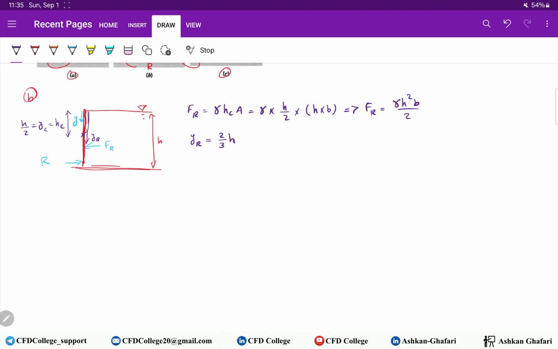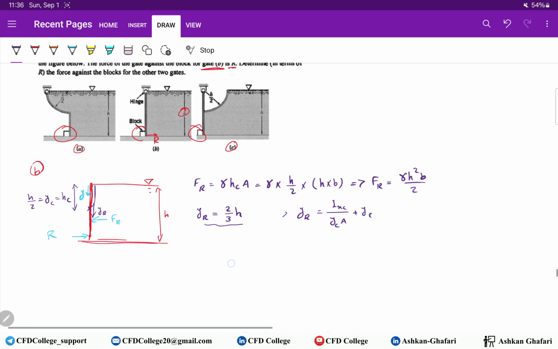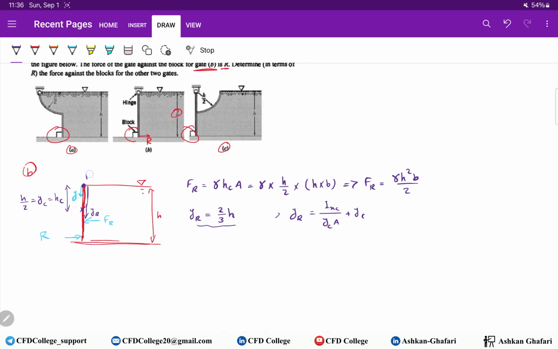You can also find it from yr equals Ixc over yc A plus yc, but for rectangular gates, it's 2/3 of the depth from the top and 1/3 from the bottom.